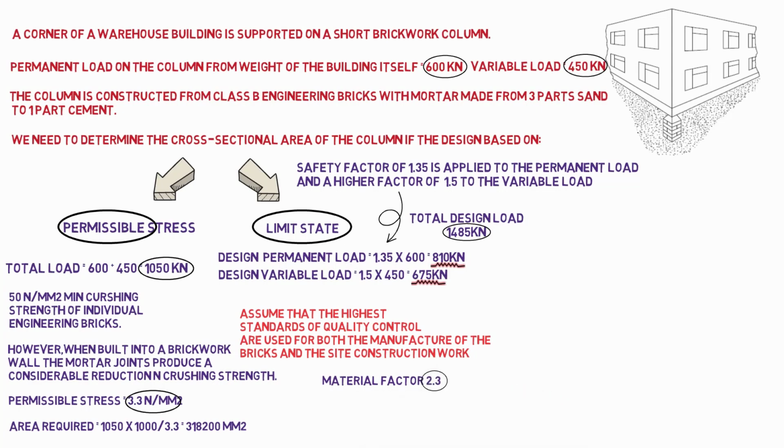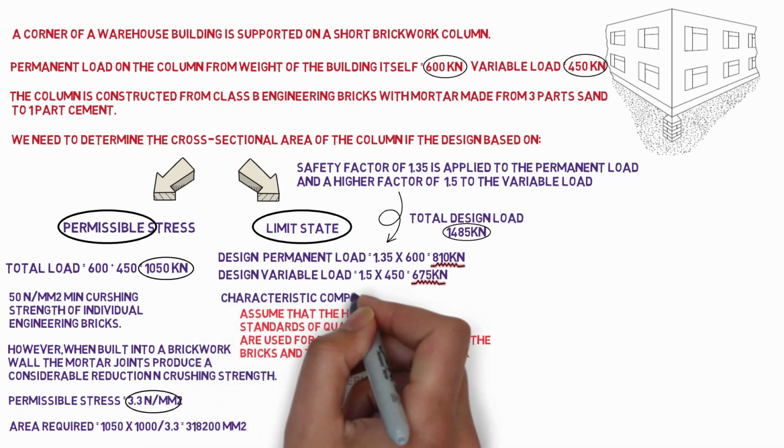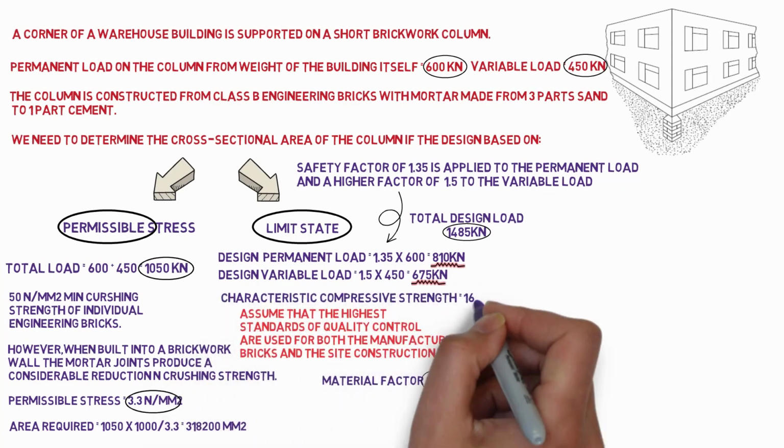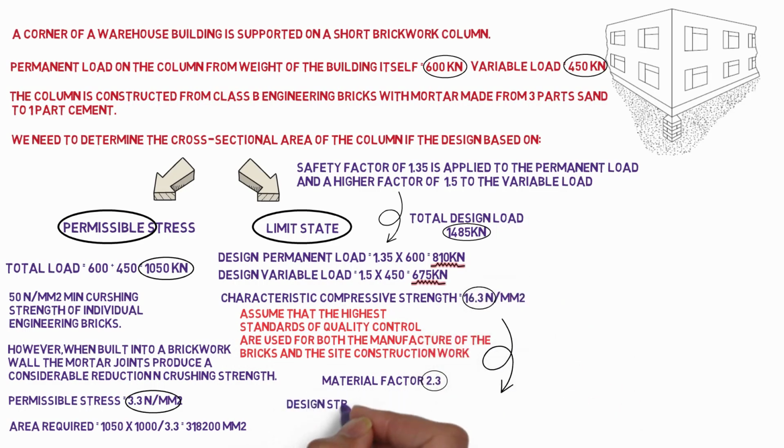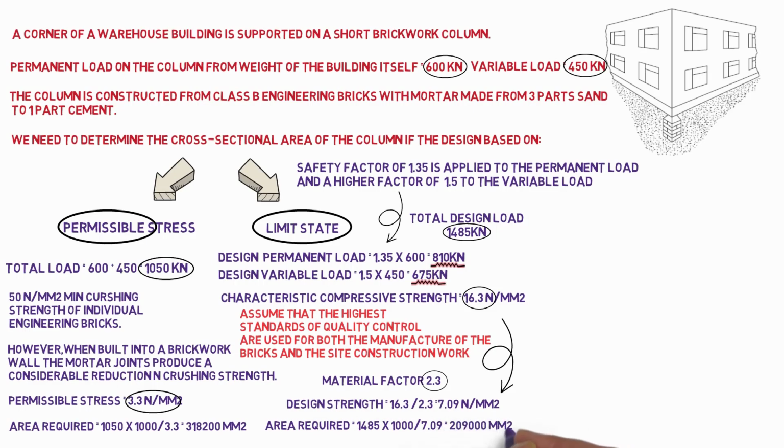Assume the characteristic compressive strength equals 16.3 Newton per square millimeter. Therefore, design strength equals 16.3 divided by 2.3 equals 7.09 Newton per square millimeter. As a result, area required is 1485 times 1000 divided by 7.09 equals 209,000 square millimeters.